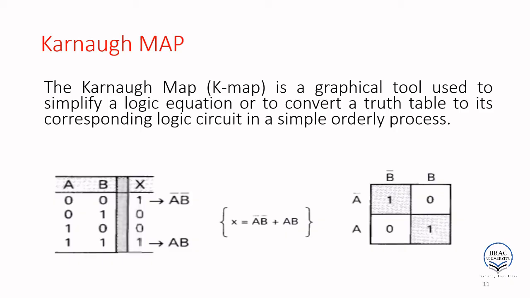If you draw the K-map, it would be like that. So 2 inputs, so you have 4 cells in it. So this is A prime, this is B prime. So that means 0 1 2 3. If you consider decimal values, you can write A prime as 0 and A as 1, B prime as 0, B as 1.